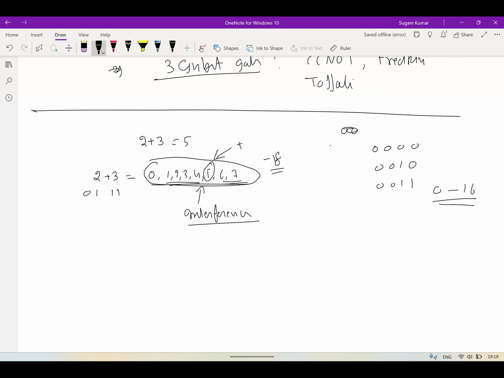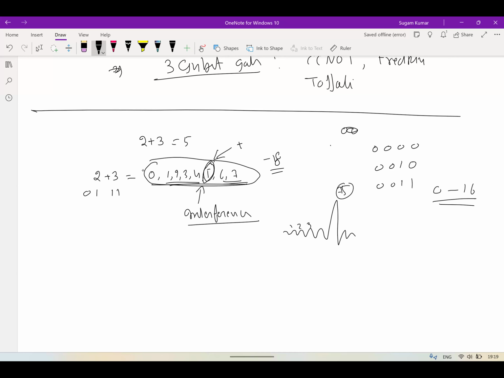When they add up again, this result 5 is going to amplify, and the other results will undergo destructive interference and go down. You can see that the probability of 5 will be higher.